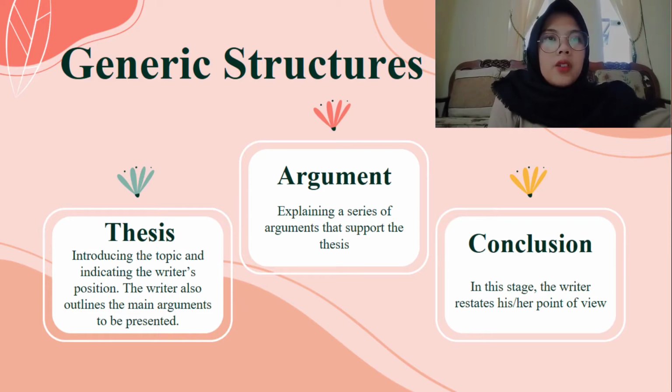And in argument, the writer explains a series of arguments that support the thesis. In conclusion, the writer restates his or her point of view. So, is it clear? Is there any question so far? So, I will move to the next slide if there is no question.